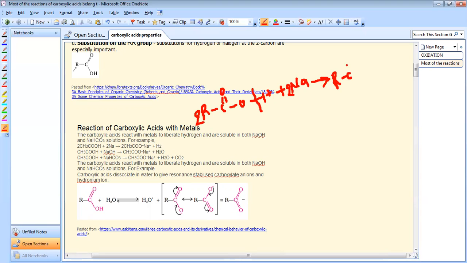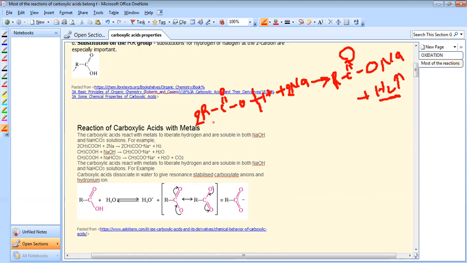So this is sodium carboxylate, along with liberation of hydrogen gas. This is the release of hydrogen gas, a colorless gas.